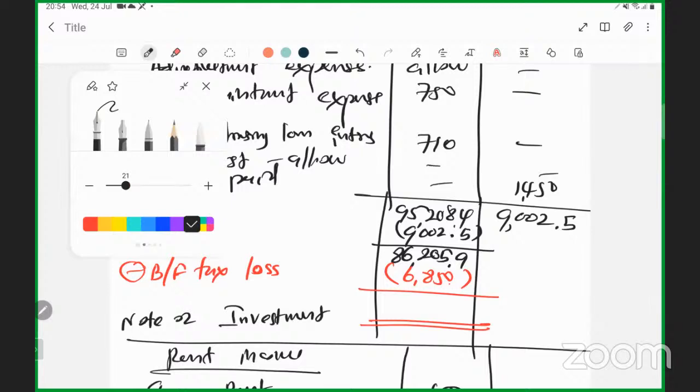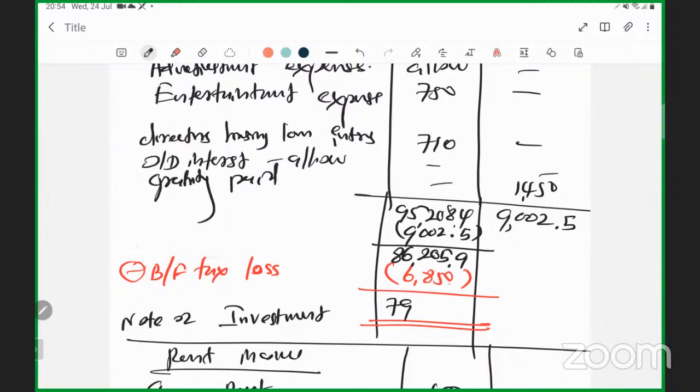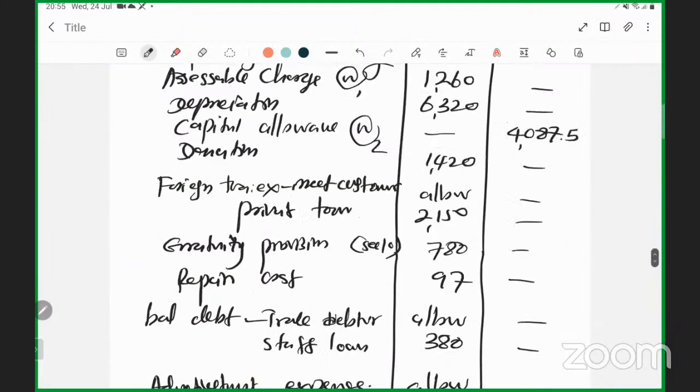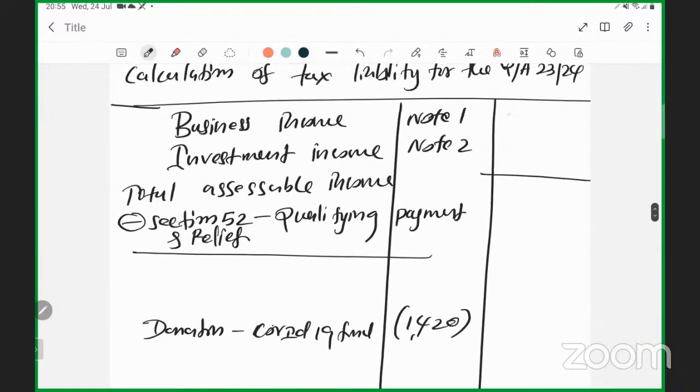So now you can take the total value 79,355.9. That is the total assessable income from business. So here we can put 79,355.9.